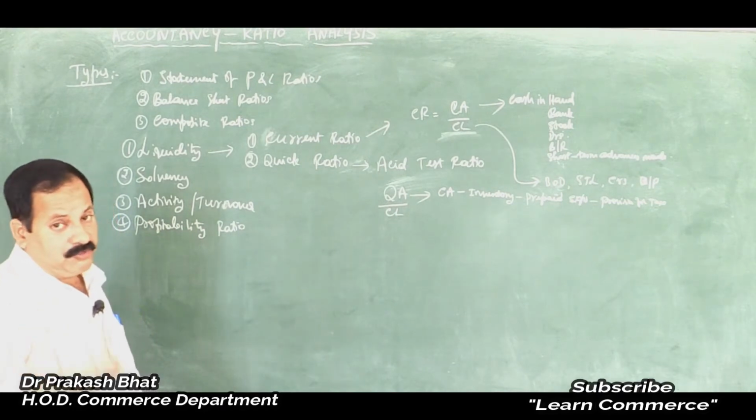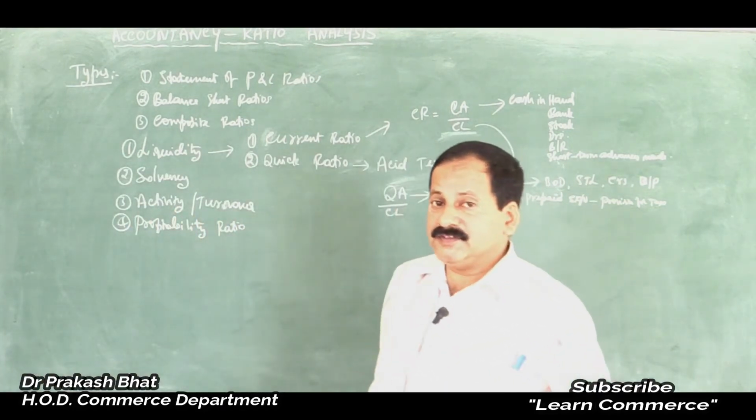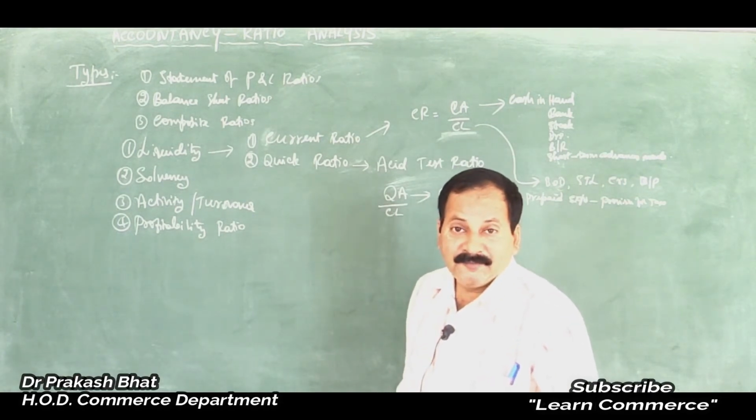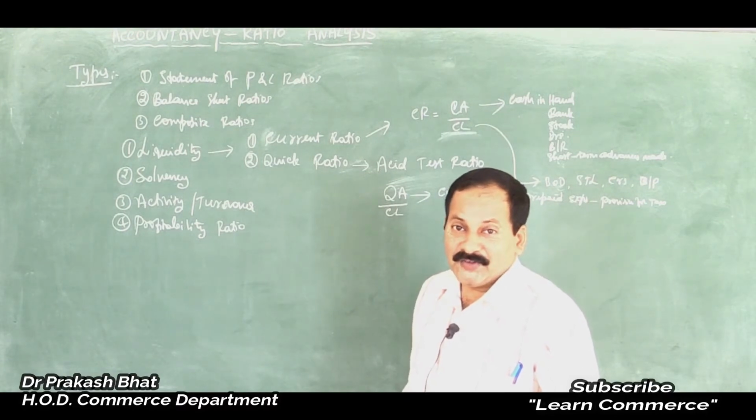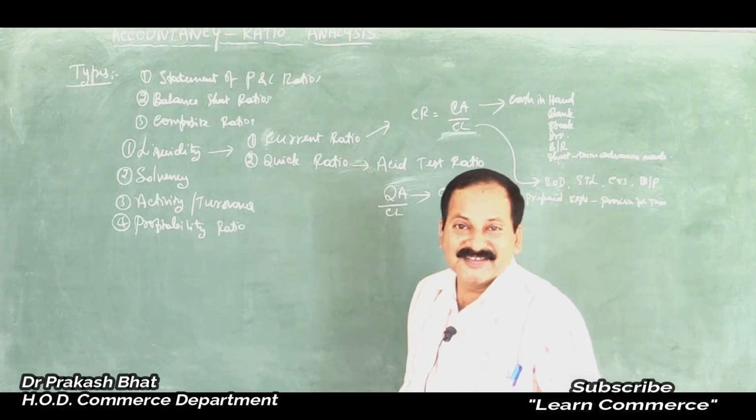So almost 20 marks you can expect from this chapter. But I don't know about the current position, it is in the hands of COVID-19. It is not in anyone's hands.